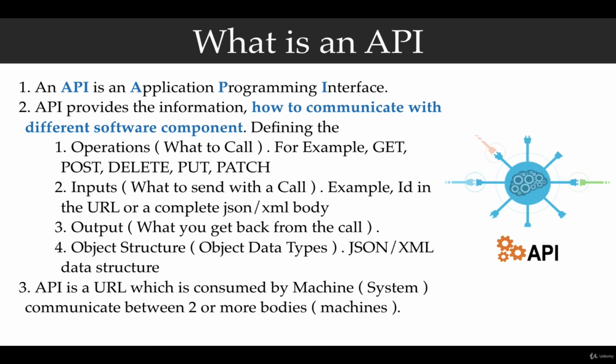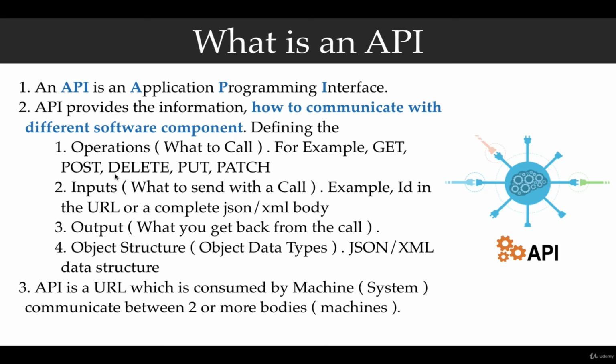API also provides what operations you can perform on a particular system, what is the input or output format that you can get or send to the system, and what are the object structures that might be in JSON or XML format. So there are different operations that we can perform.